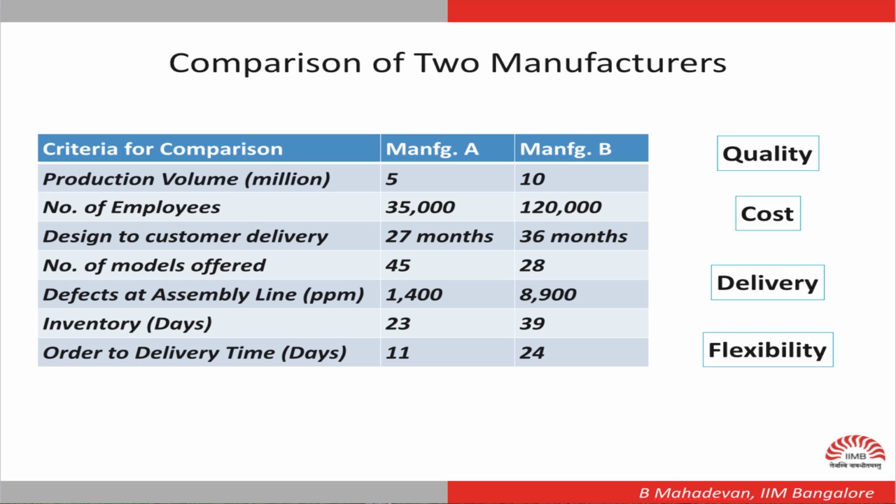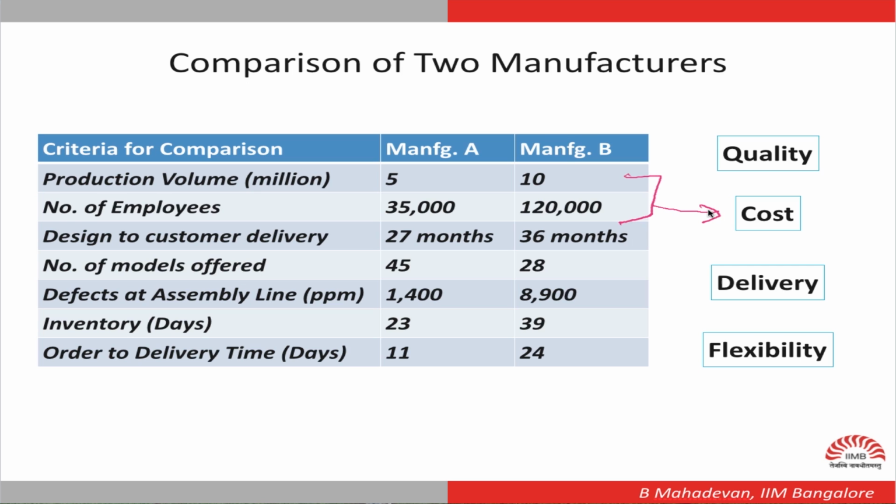Now, the number of employees for manufacturer A is 35,000 and the number of employees for manufacturer B is 120,000. So, taking these two together, we are able to now understand that both of them affect this parameter cost in very different ways. You have fewer employees, for a factor of 2 you are seeing a factor of 4, so therefore it will have a certain impact on the cost.